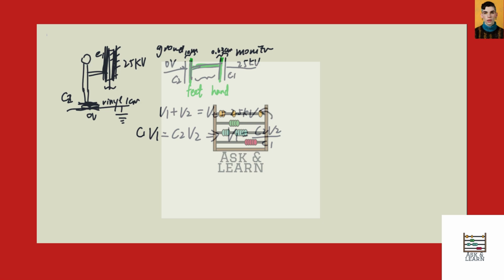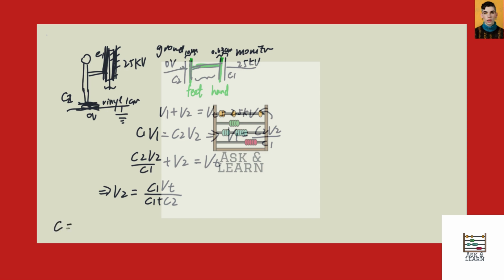And we can plug this into this equation so that we know C2V2 over C1 plus V2 equals V total. So V2 equals C1 V total over C1 plus C2. So that's how we find it. So now what we need is to figure out the ratio of C1 and C2.